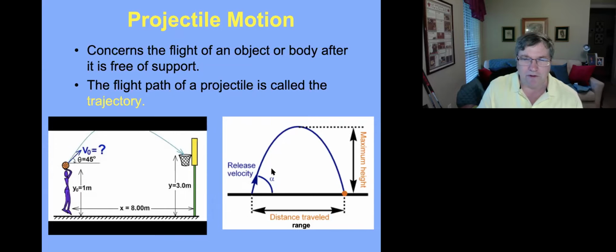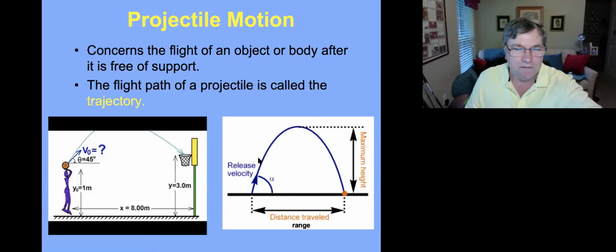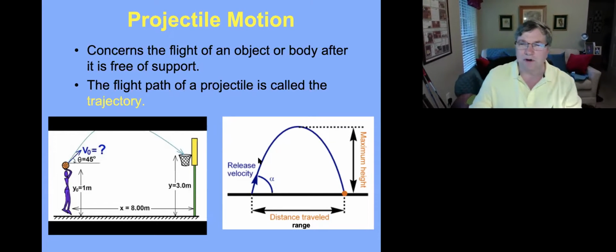If we resolve this vector into horizontal and vertical components, that vertical component changes at a constant rate due to the fact that gravity acts at a constant rate, 9.81 meters per second squared of acceleration. And in the case of the English system, it's 32 feet per second squared.